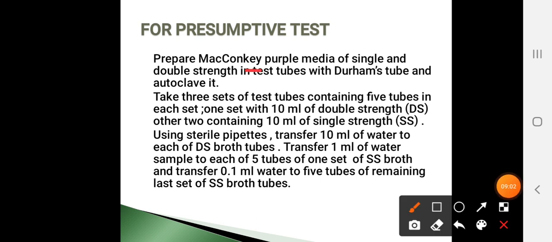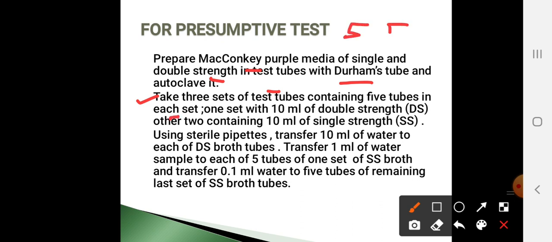Prepare MacConkey purple media of single and double strength in test tubes with Durham's tubes and autoclave it. Take 3 sets of test tubes containing 5 tubes in each set.